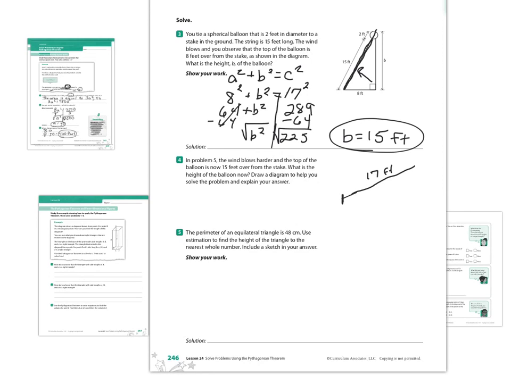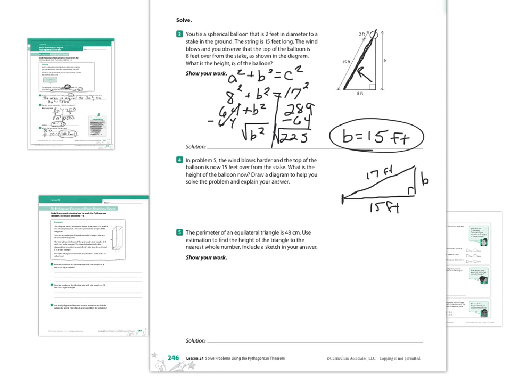Here's our stake in the ground, 17 feet. The distance from the stake now, it says, is 15 feet. So the balloon is over 15 feet. What is the height? I will label that B. There is our diagram. We have our right triangle, so therefore we can use the Pythagorean theorem.